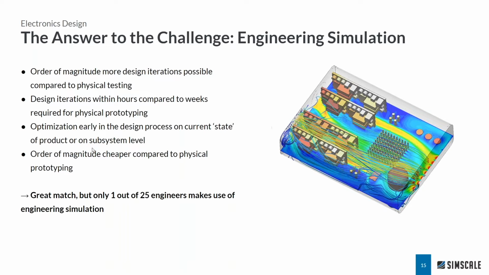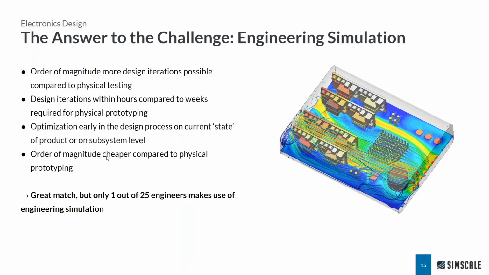And it's also obviously much cheaper. So while you're talking about hundreds or thousands for likely a prototype for a simple even electronics product, you're talking about $10 to $100 likely to simulate such a device.